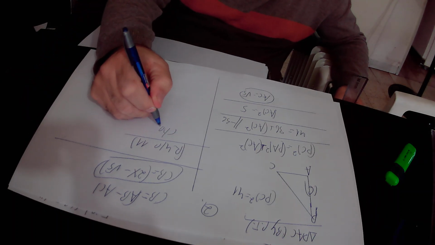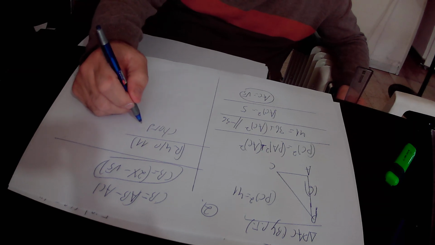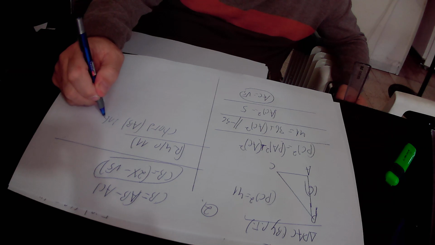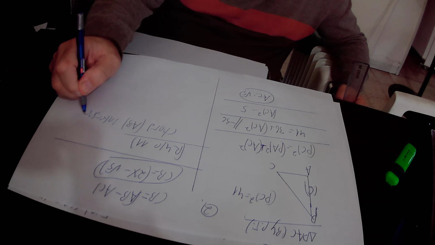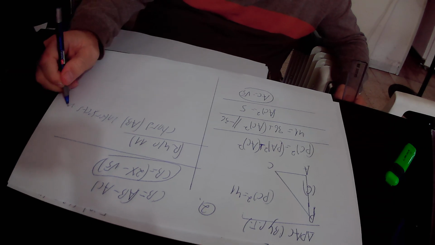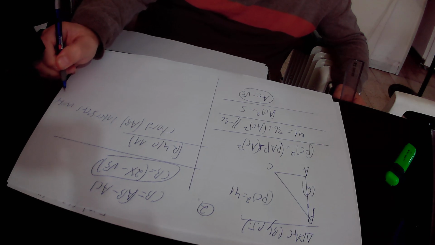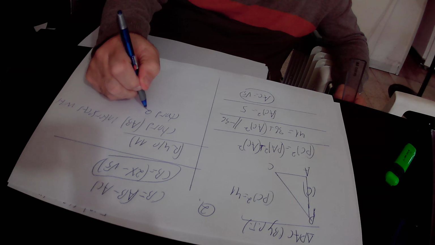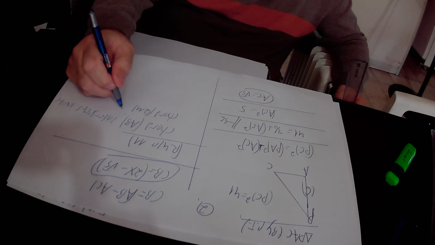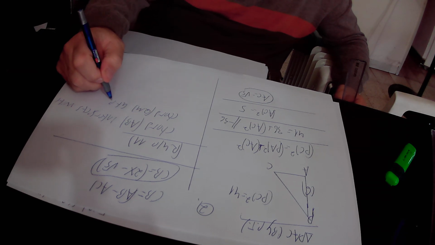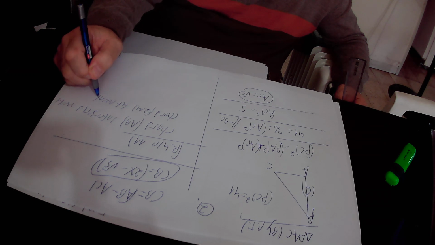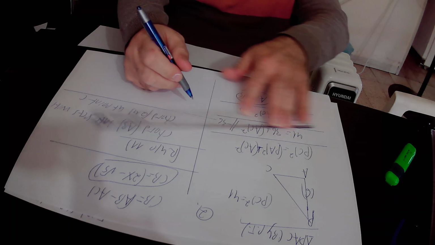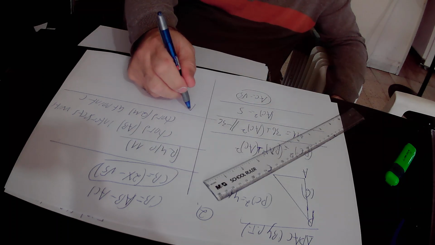Chord AB intersects with chord QM at point C. Therefore, we can implement rule number 11.